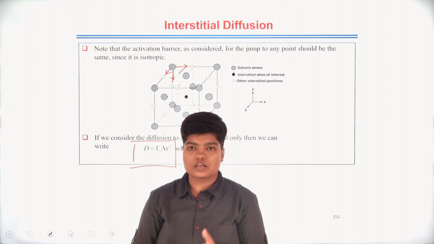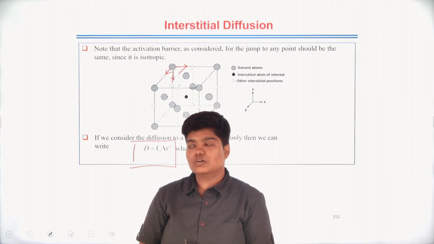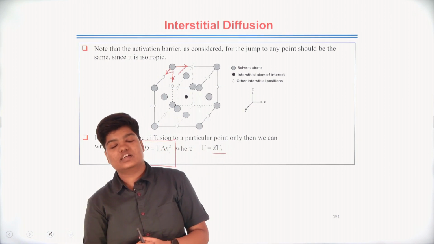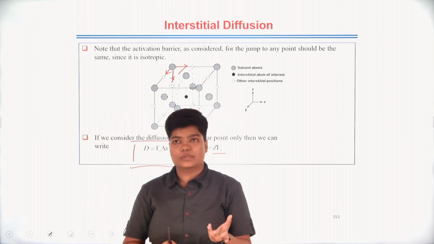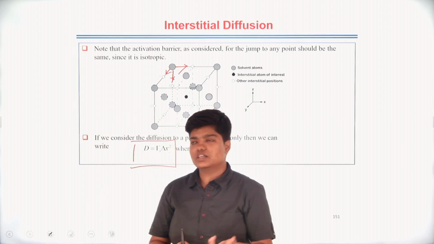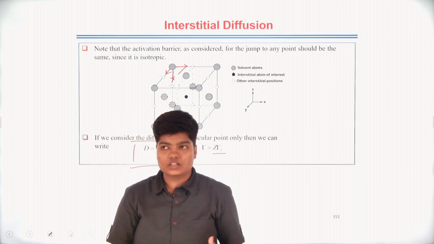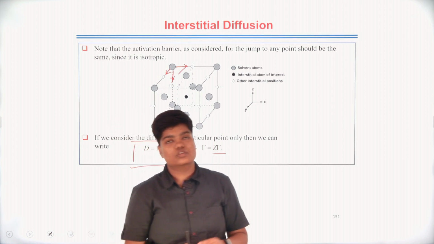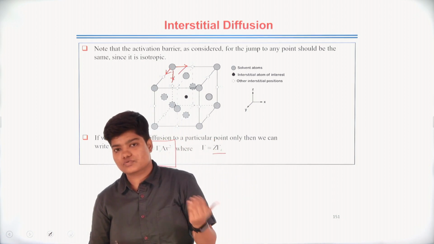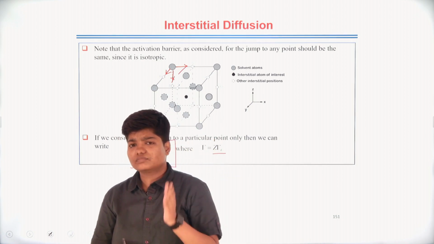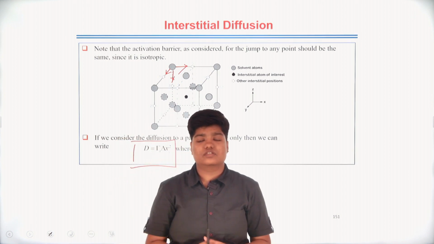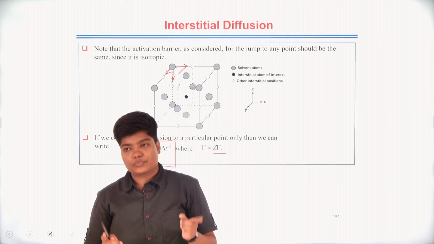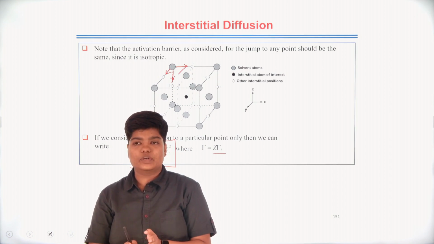So we must have some vacancy positions. Also, vacancies are created near the melting point. If I melt a material, then the vacancy sites will be created, and this process will take more time. So the interstitial diffusion will be more than the substitutional diffusion. And similarly, if you consider adjacent planes in interstitial diffusion, the jumping will happen from one plane to adjacent planes.